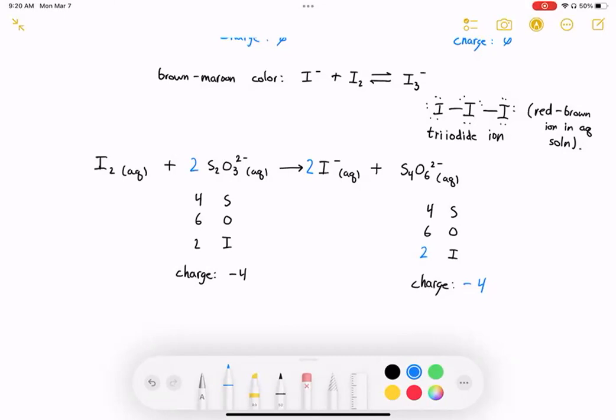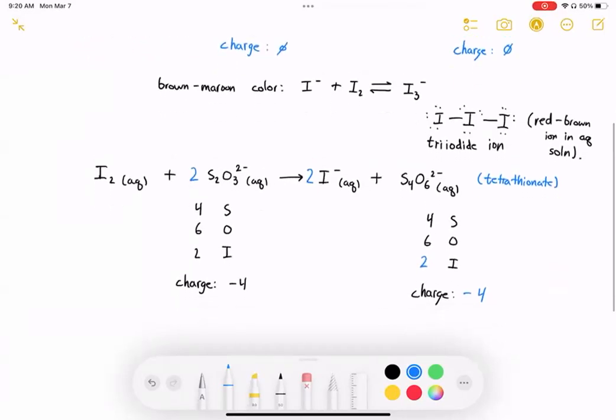If anyone's wondering, this is the tetrathionate ion, and it's actually the conjugate base of an acid. So it has an acid form of H2S4O6, but a very different acid in terms of structure. Okay.